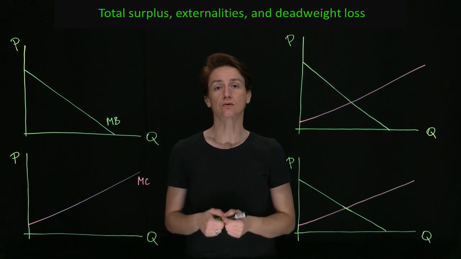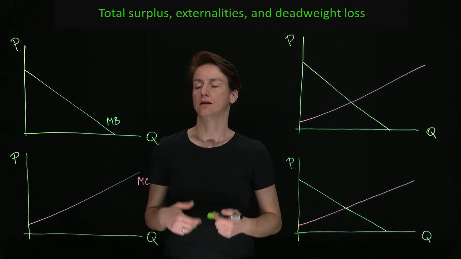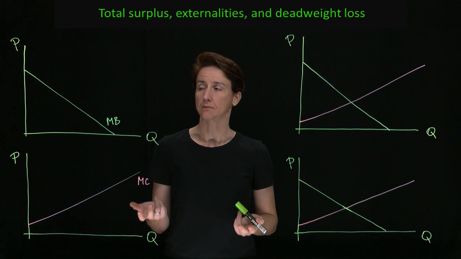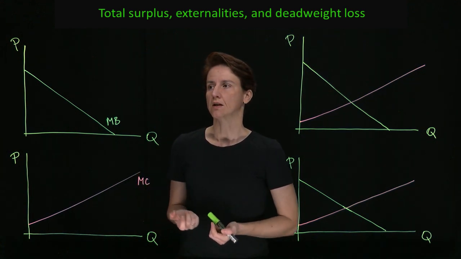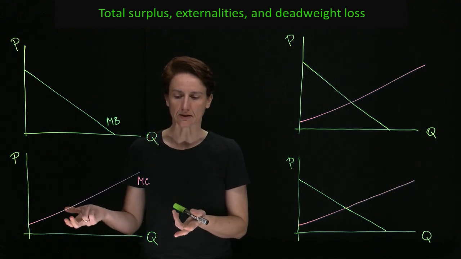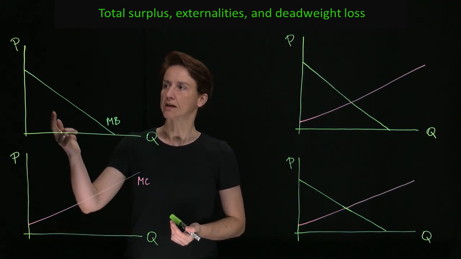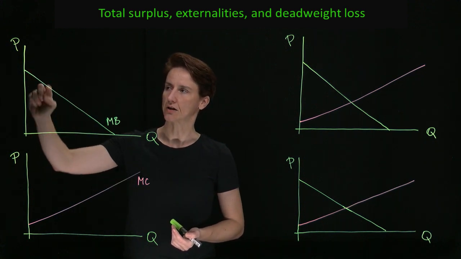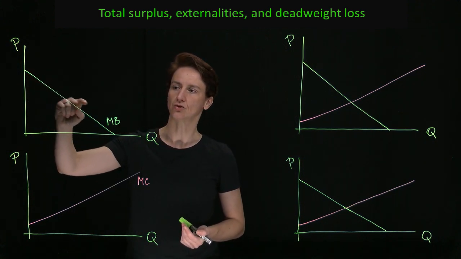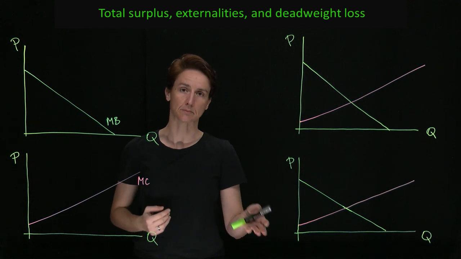Let's think about total surplus and how, in practice, sometimes the market outcome differs from the social optimum. For any particular market we might look at, we can define marginal benefit as the extra well-being that each unit brings to the consumers in that market.